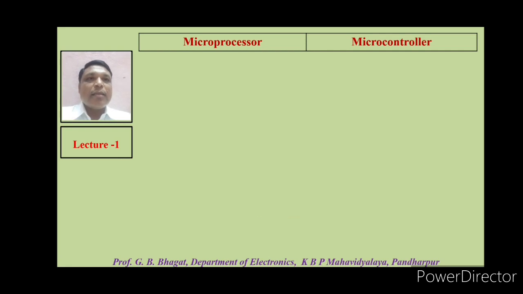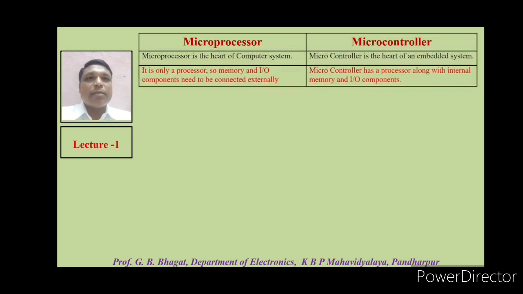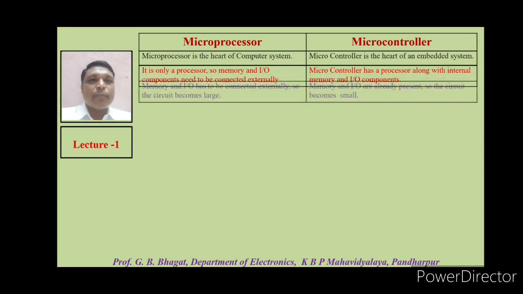Then next, let us see the actual difference between microprocessor and microcontroller. Microprocessor is the heart of computer system, whereas microcontroller is the heart of embedded system. The next difference, microprocessor is only the processor, so memory and IO components need to be connected externally, but in case of microcontroller it has its own processor along with internal memory and IO components.